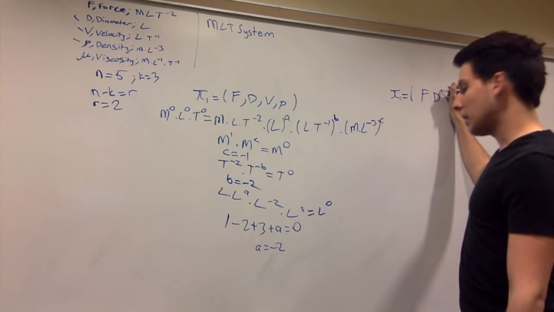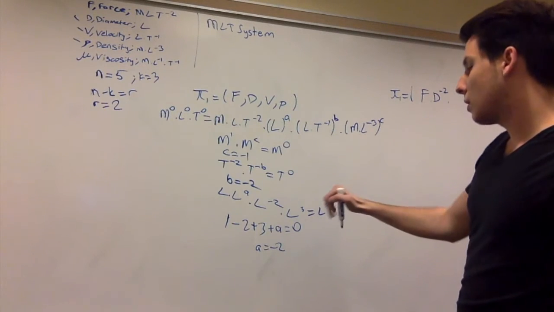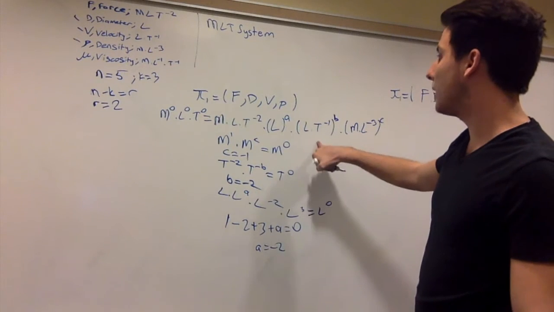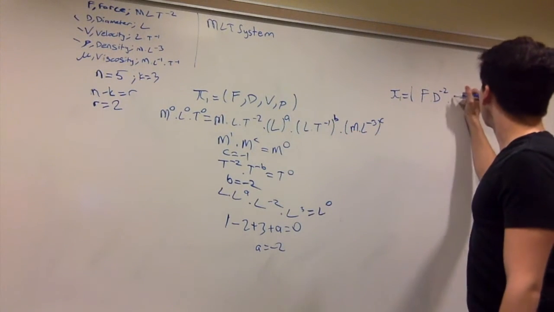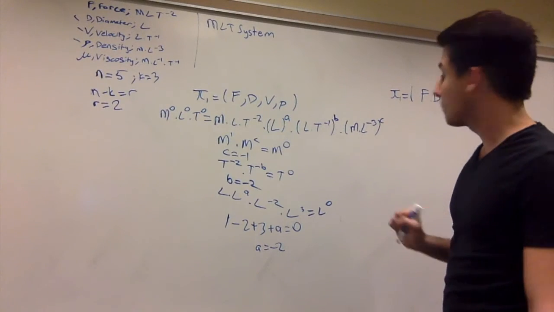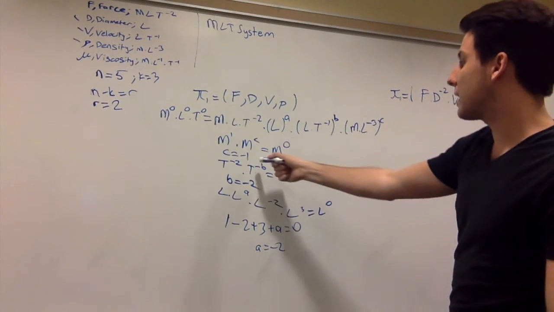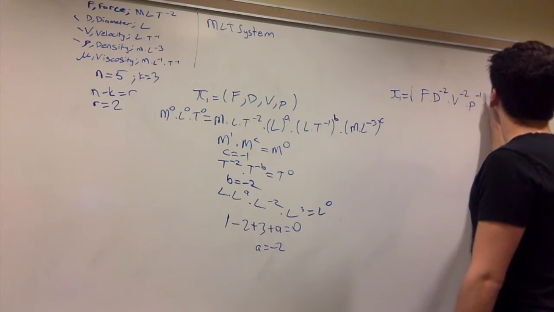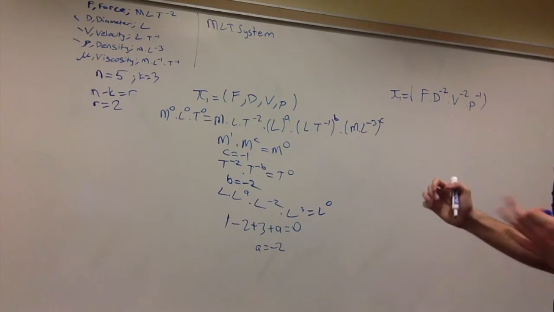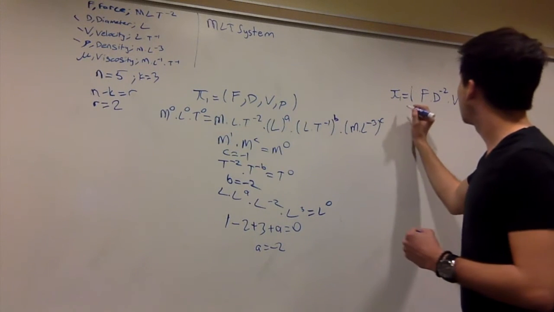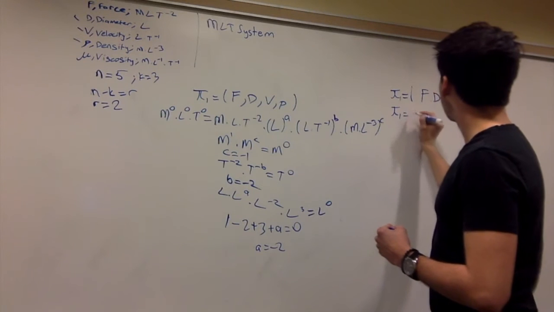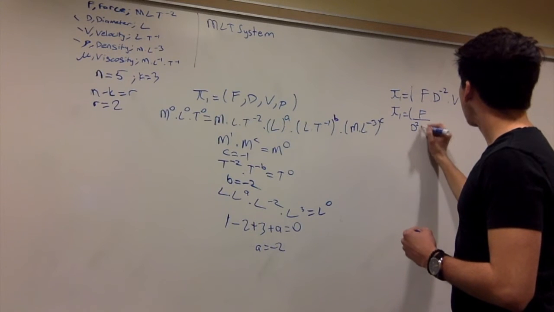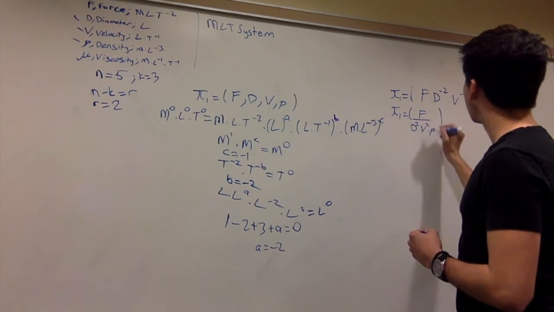So diameter to the power of -2 times B to the power of -2. What is B? B is our velocity, so it's velocity to the power of -2 as well. And what is our C? C is -1, and that means density to the power of -1. And we can simplify this as pi 1 equals F divided by D squared, V squared, and density.